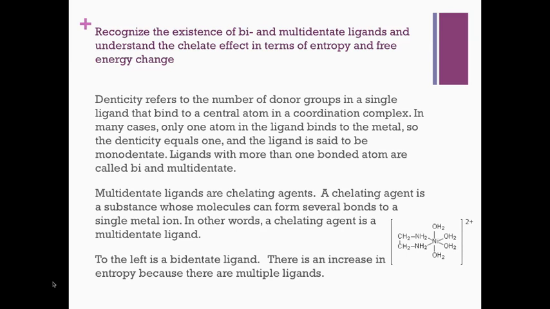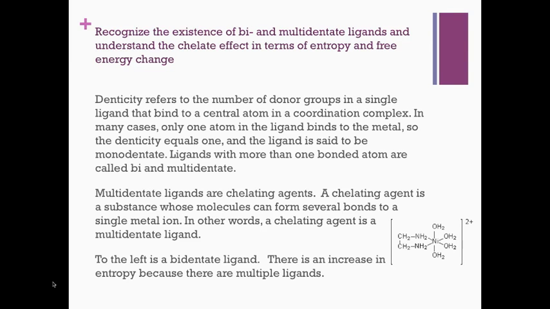Multidentate ligands are chelating agents. Chelating agents are substances whose molecules can form several bonds to a single metal ion. In other words, a chelating agent is a multidentate ligand. To the left is a bidentate ligand.